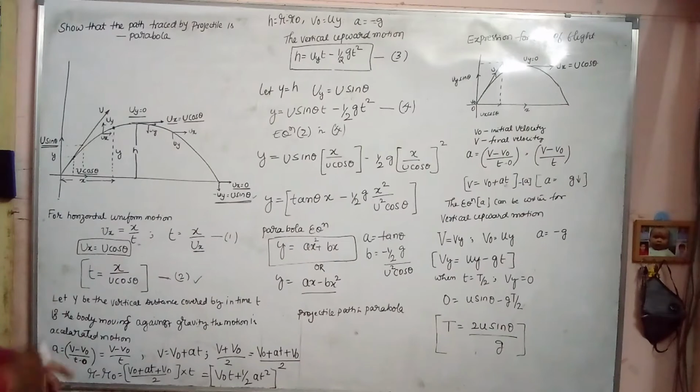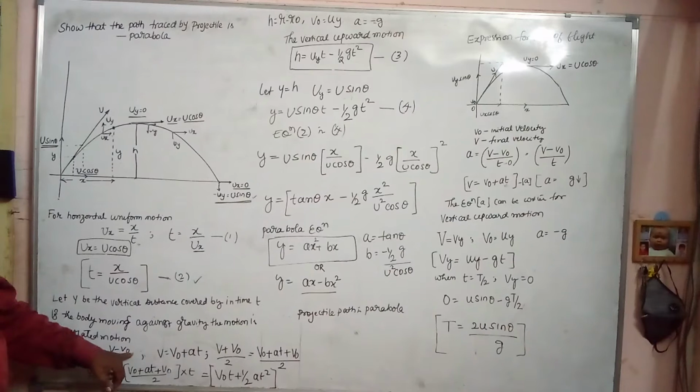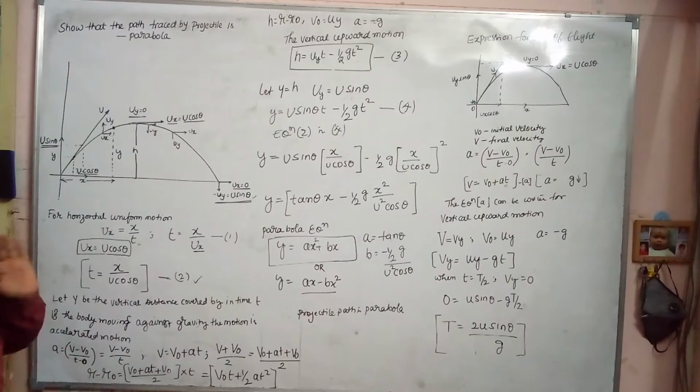Velocity is always v naught, that is the initial velocity, and the final time is t. The initial time is 0. So v minus v naught, that is final velocity minus initial velocity, divided by t, which means the time traveled, that is nothing but the final time.